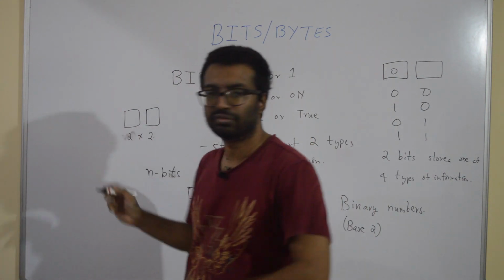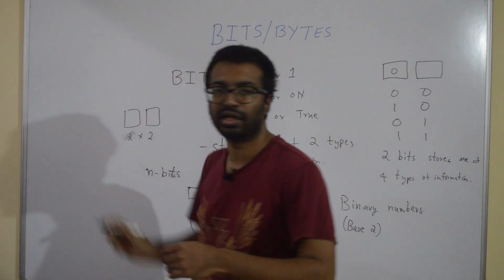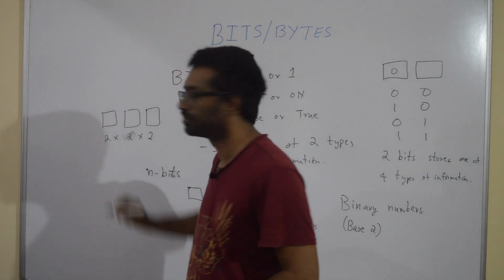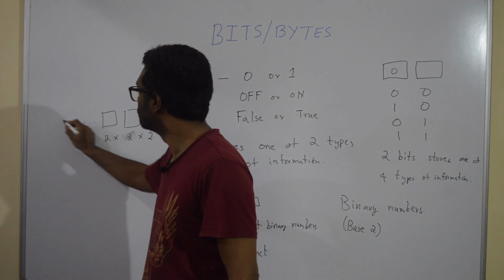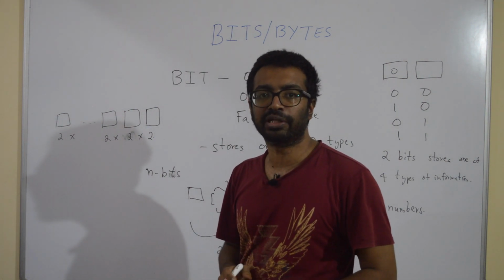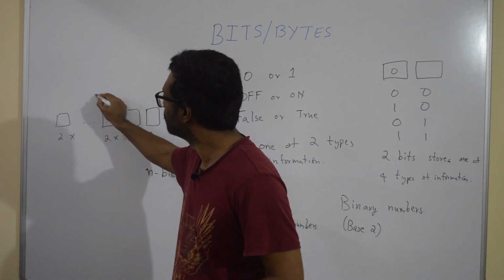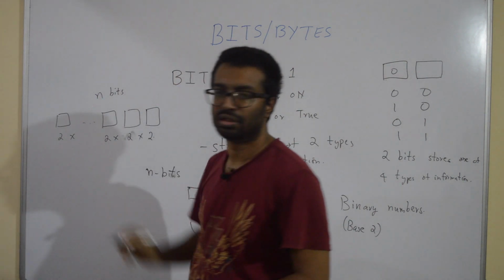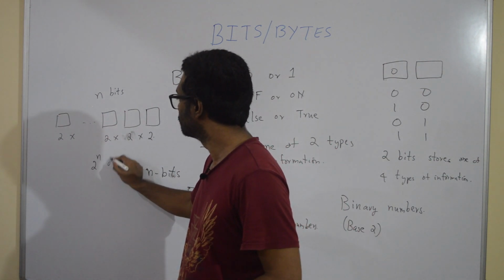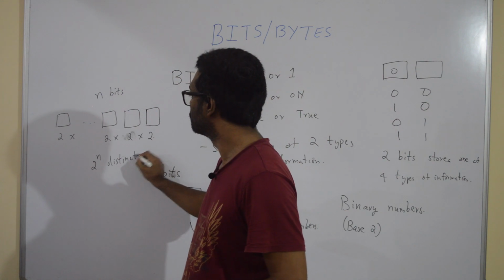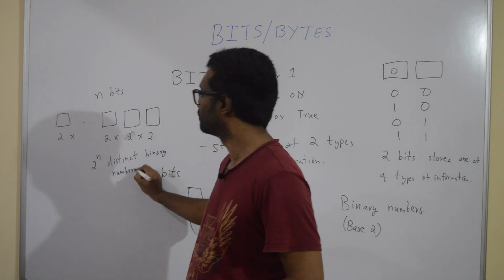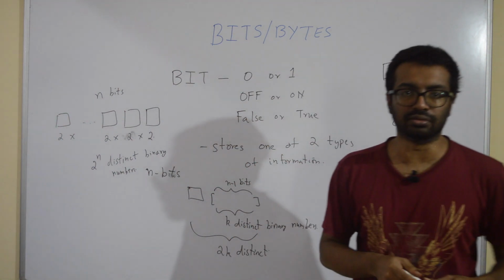How many for 3 bits? We said it doubles, right? At the addition of each 1 bit it doubles. So if there are n bits, it's going to be 2 raised to n distinct binary numbers.